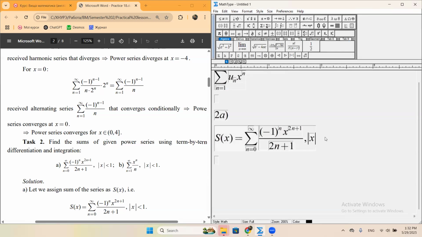So actually, it means that the series converges when module of x is less than 1.